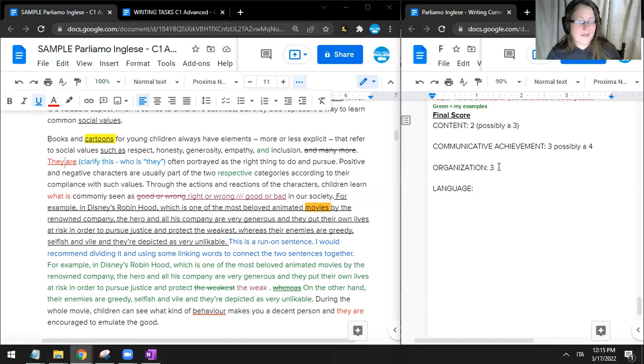And then language. I think language is going to be a pretty good one. High marking one for you. So a 3 uses the range of vocabulary, including less common lexis, appropriately. So we do have a number of less common words throughout, and they were all used appropriately. Great use of collocations, vile, depicted, stuff like that.